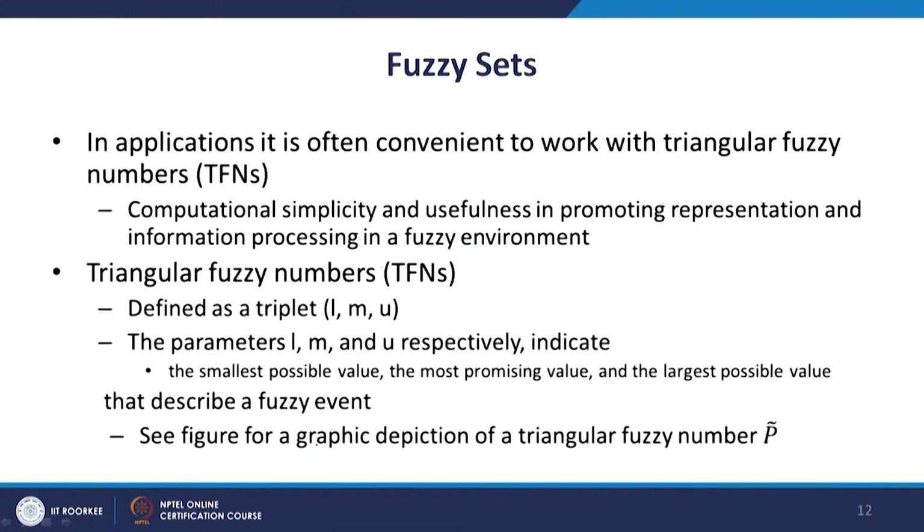Now we are going to talk more about the triangular fuzzy number. In applications it is often convenient to work with triangular fuzzy numbers. The main reason is computational simplicity and usefulness in promoting representation and processing in a fuzzy environment, because the way we define these fuzzy numbers affects the processing and computing involved, and the way we represent the overall decision problem, context, method, procedure and solution.